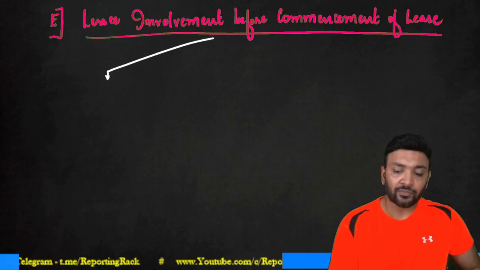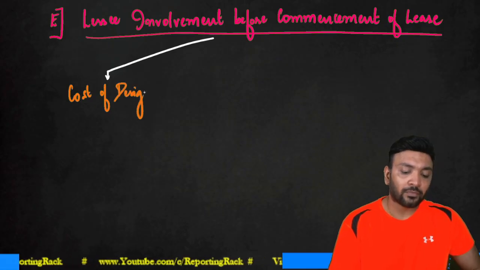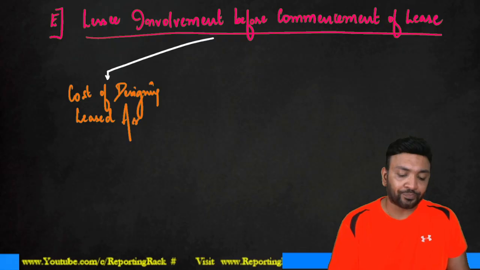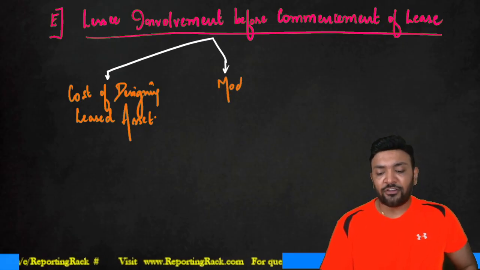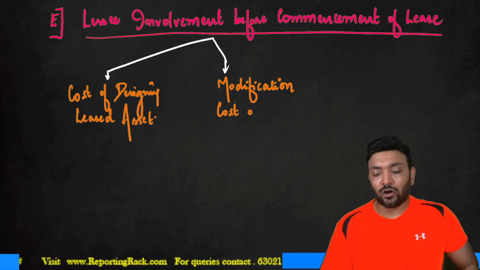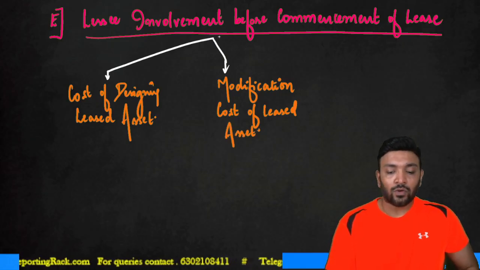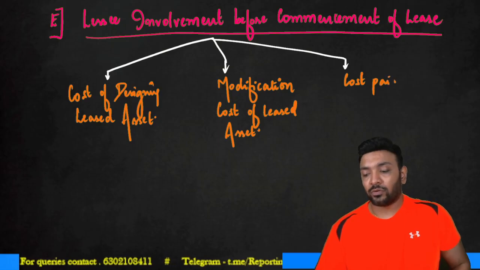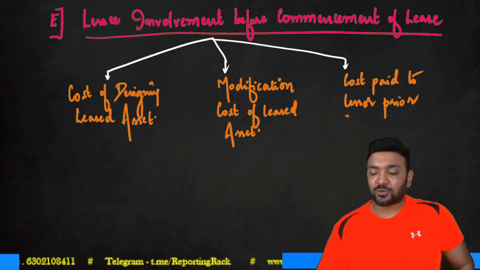I can have cost of designing the leased asset, or cost incurred for modifications of the leased asset, or cost paid to the lessor prior to commencement.